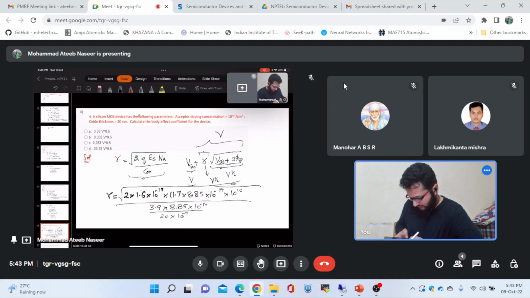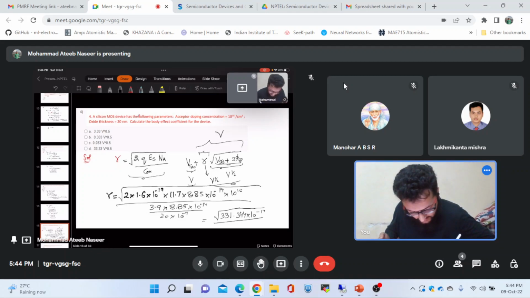Now let us calculate this quantity on our calculators. So 2 into 1.6 into 11.7 multiplied, this will be equal to root of 351.344 into 10 to the power of minus 70, divided by 3.9 into 8.85, which is 1.725, into 10 to the power of minus 7. Let me divide these quantities again.